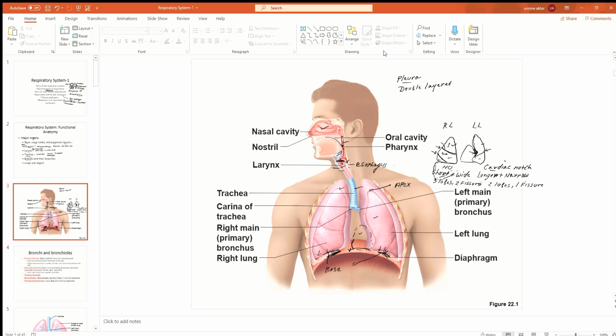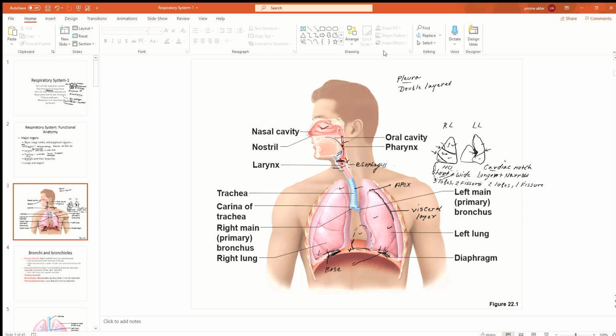You see, this is the lung, and the inner layer of the pleura is attached directly to the lung. This is the inner layer of the pleura, and that is called the visceral pleura, or visceral layer of pleura, same thing.